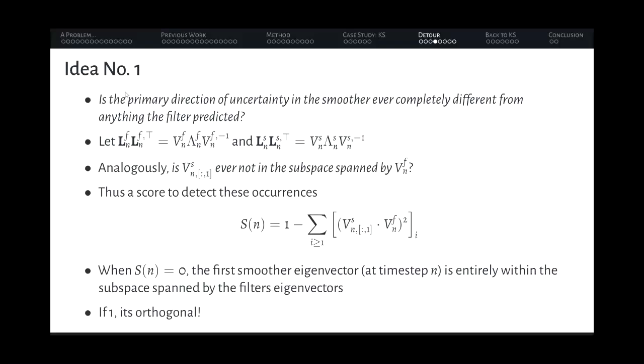To test that, there's a score. You look at the squared norm projection of that smoother eigenvector in the filter subspace. If that equals 0, it's entirely within the subspace. If it's 1, you've got orthogonality. What a great idea. So you run that over your time series, over the sequence of filtering and smoothing distributions.